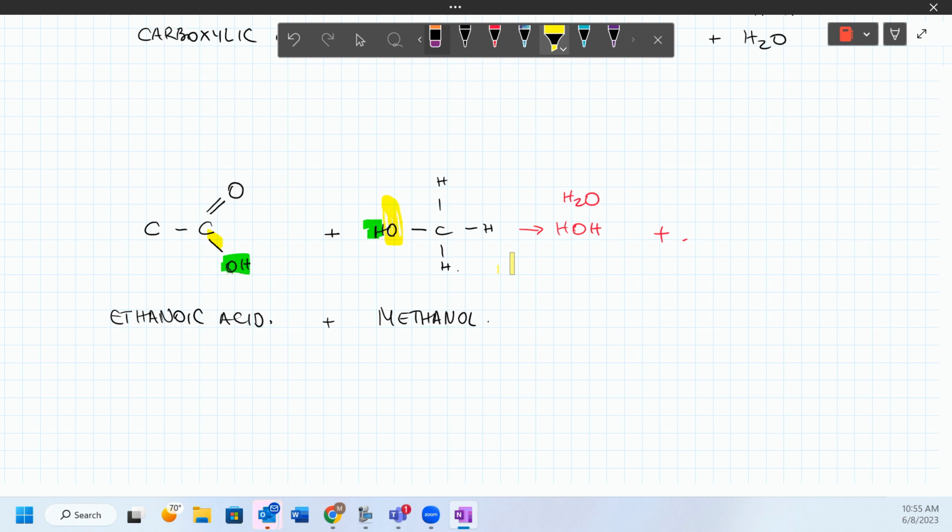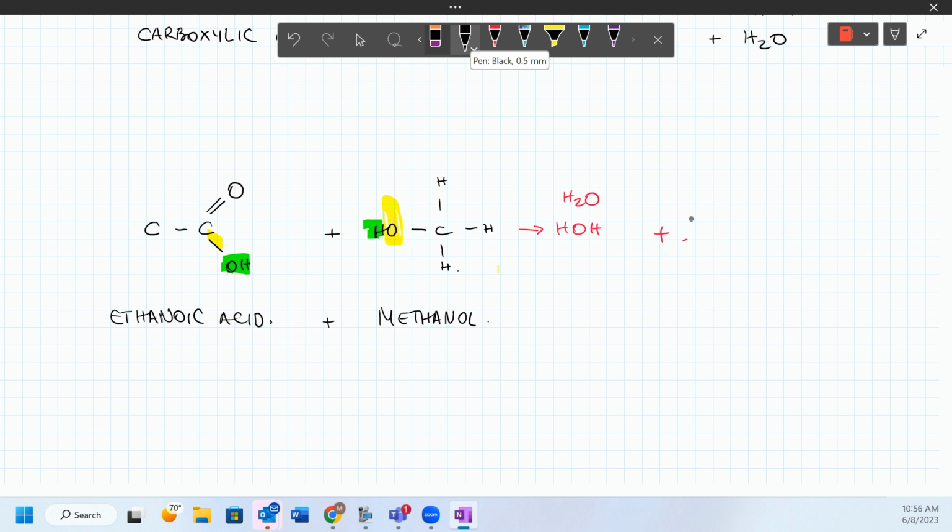So those two are saying, okay, you are free, I am available, let's bond together. And then what they are forming is methyl ethanoate, okay? Because we always start with methyl as the alcohol part, and then ethanoate.